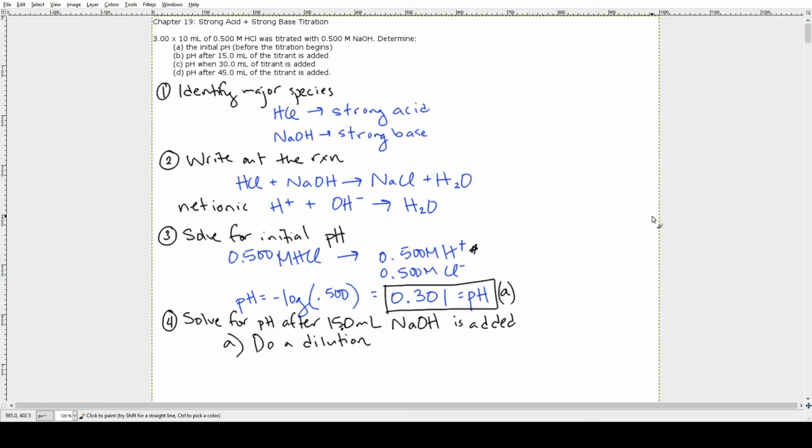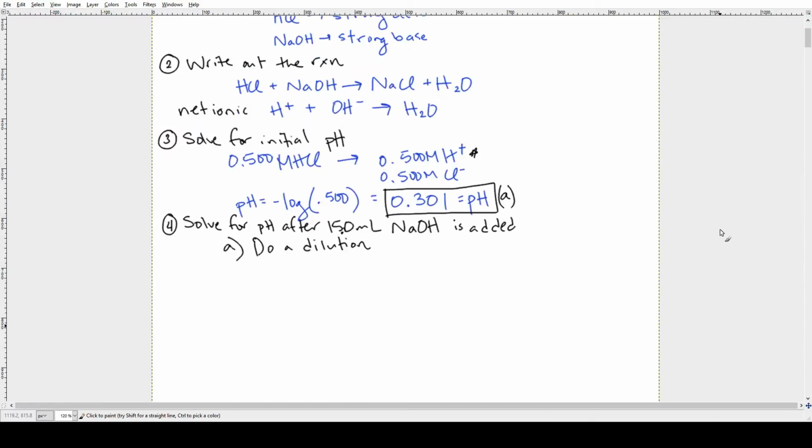Let me just scroll down a little. So we'll split this into two. HCl. We know our hydrochloric acid starts off at 0.500 molarity, and we have 30 milliliters of it.